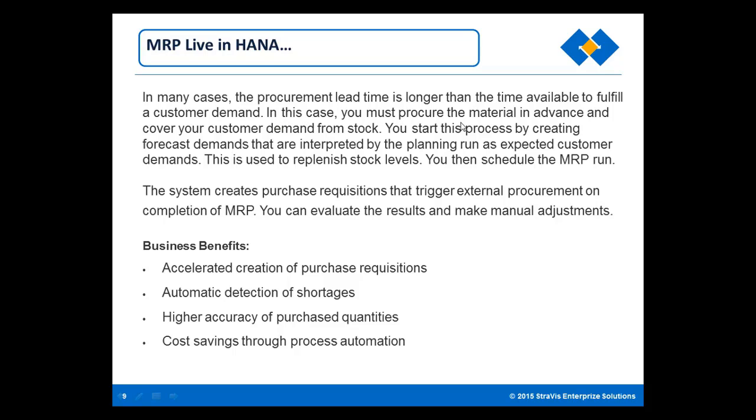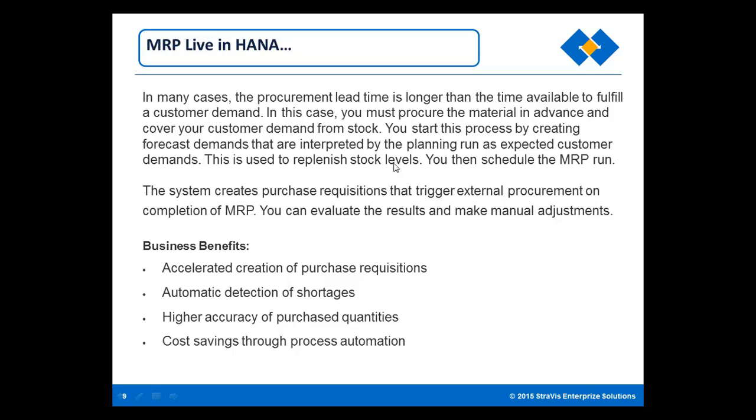In this case, you must procure the materials in advance and cover your customer demand from stock. So you start this process by creating forecast demands that are interpreted by the planning run as expected customer demands. So this is the essence of MRP Live, so that you can procure materials a little bit in advance based on the expected customer demands.